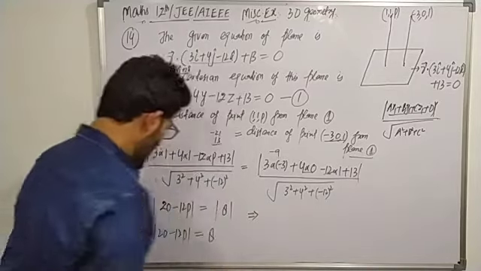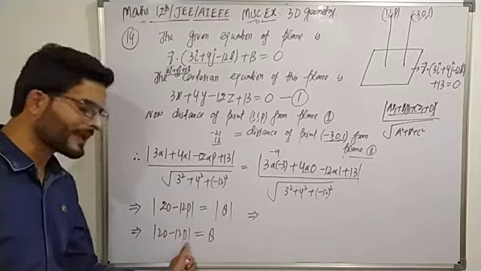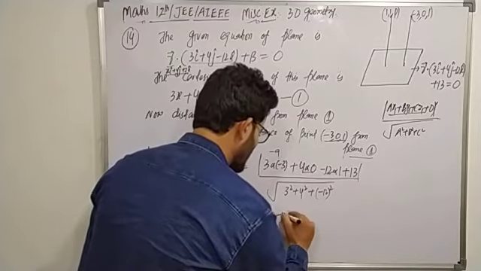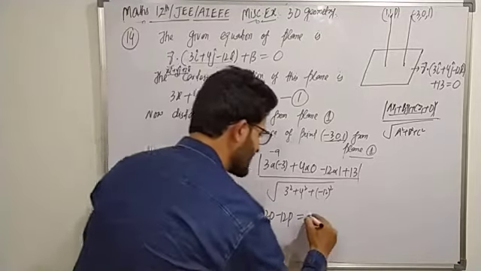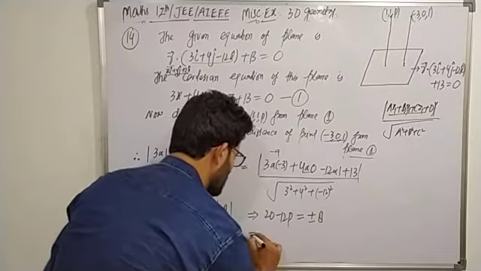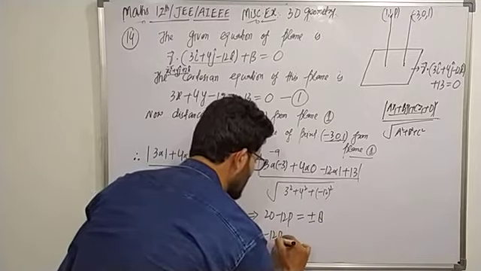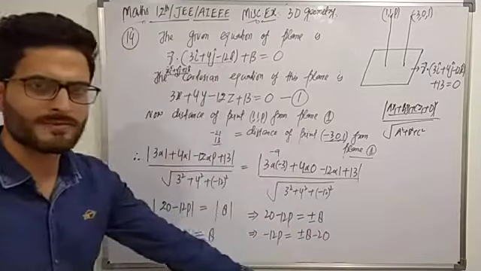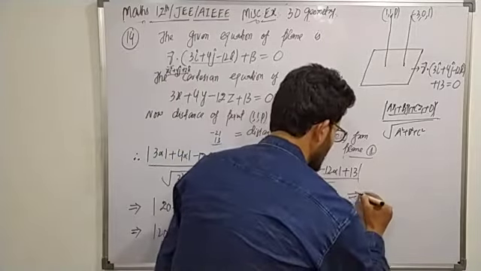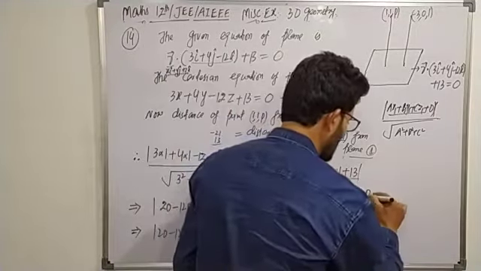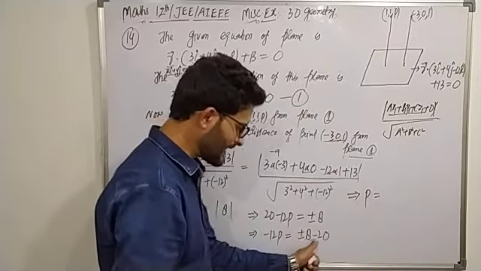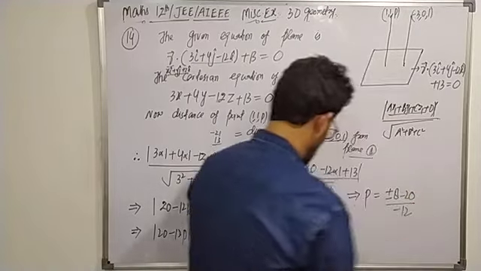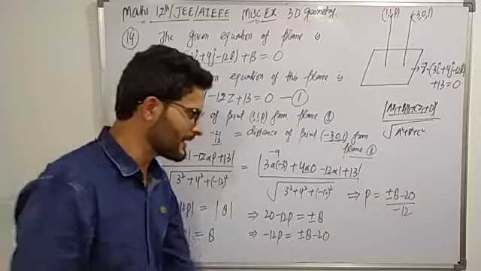So implies, अब यहाँ पे mod of 20 minus 12p है, तो mod के कितने वैल्यू होंगे, 2, एक प्लस दूसरा माइनस, so 20 minus 12p must be then equal to plus minus 8. So implies minus 12p must be equal to plus minus 8 minus 20, क्योंकि plus 20 RHS में बनेगा minus 20. So p must be equal to (plus minus 8 minus 20) divided by minus 12, क्योंकि minus 12 LHS में मल्टीपल है तो उस साइड में डिवाइड होगा.